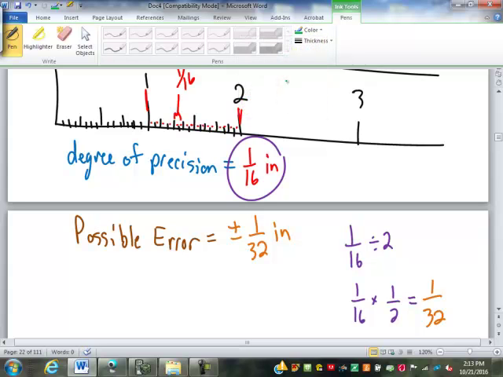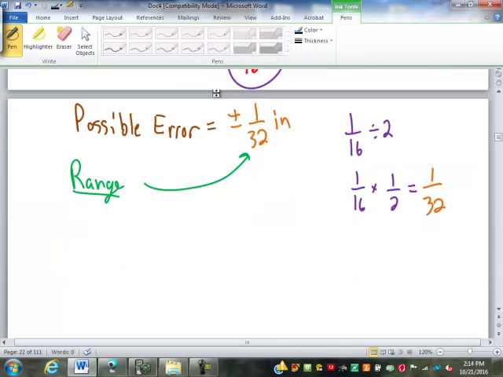What that means is everything we measure here has a range that it could be. And that range is defined by that possible error. So let's say that we measure something with this ruler.